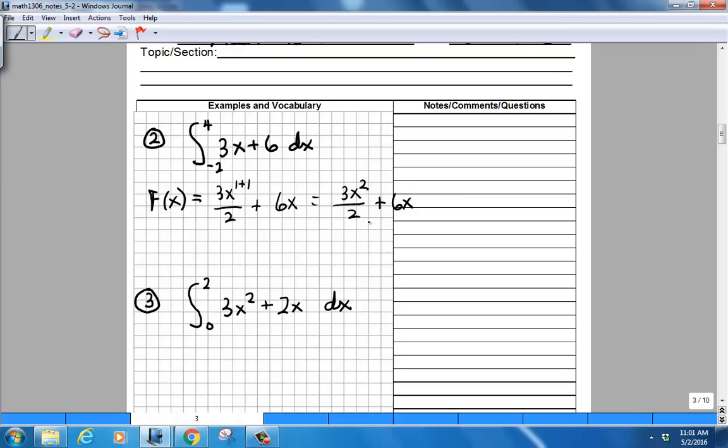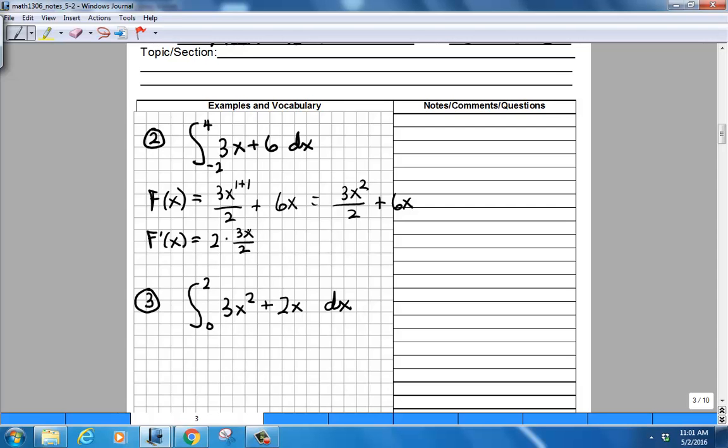Okay? All right, so now let's check to make sure that that really is the correct antiderivative. So let's find its rate of change and see if we get 3x plus 6. So how would we take the rate of change of 3x squared over 2 plus 6x? Well, you would bring the 2 down, times 3x to the first power over 2, subtract 1 from the x squared.